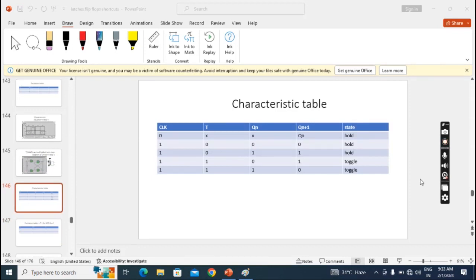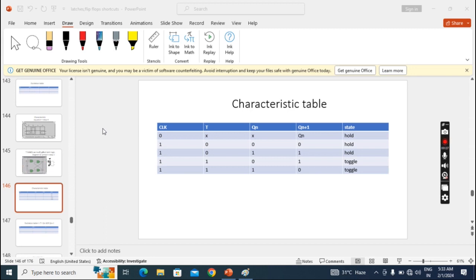In this lecture, we will see the necessity of T flip-flop. You know, in counters, we need T flip-flop. For example, synchronous counters, asynchronous counters, mod counters, up counters, down counters. In these counters, we need hold nature and toggle nature.